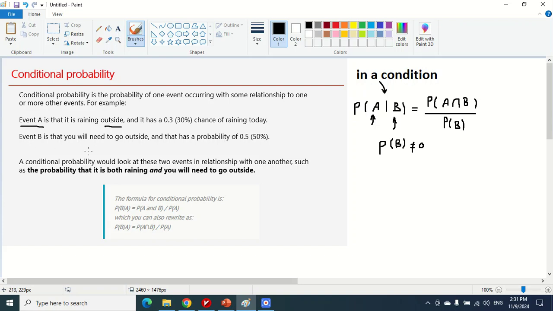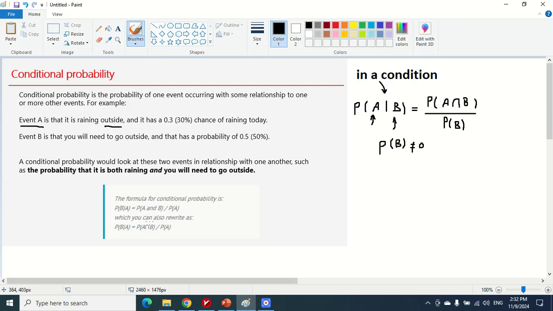Event B is that you will need to go outside, and that has a probability of 0.5 or 50%. A conditional probability would look at these two events in relationship with one another, such as the probability that it is both raining and you will need to go outside.